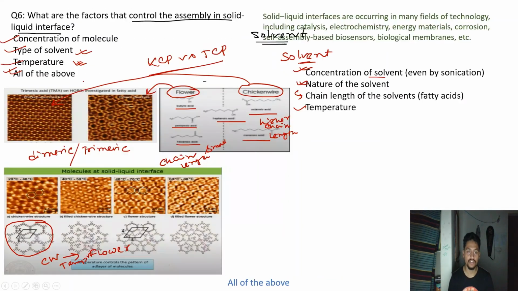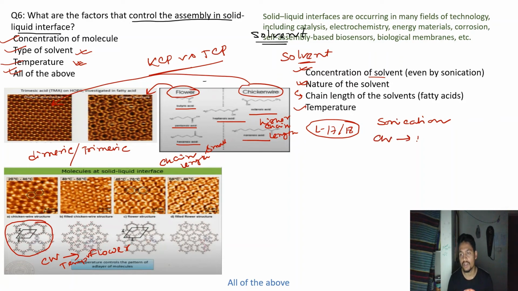And we already know that there is a very important example already given in the lecture as well. You can go to the lecture, probably lecture 17 or 18. So by sonication as well, in this case only, one can go from chicken wire to flower, or flower to chicken wire by sonication.